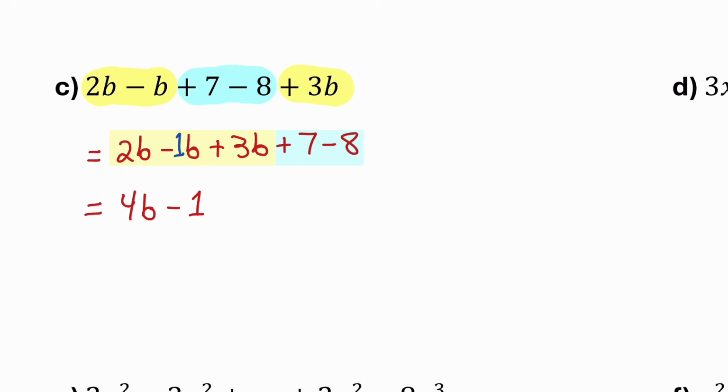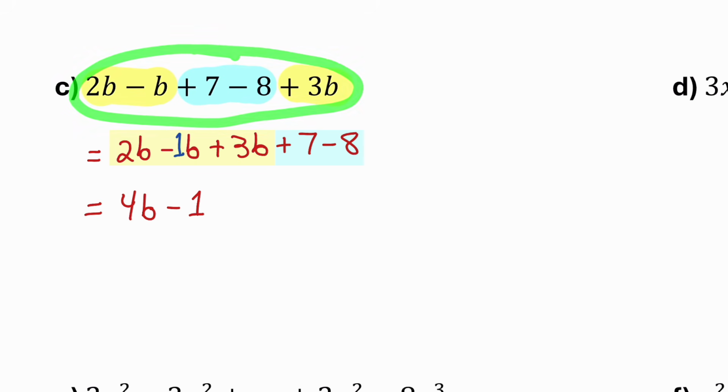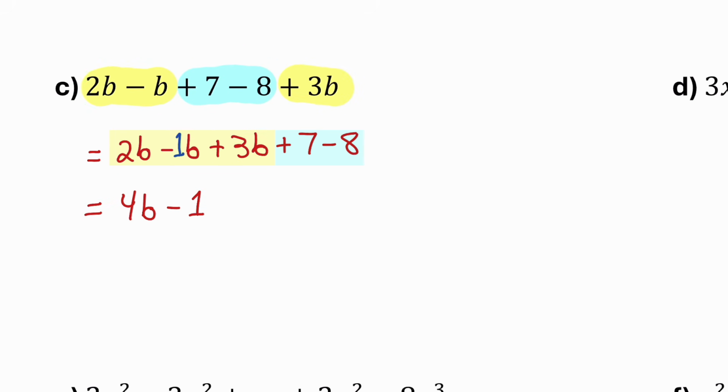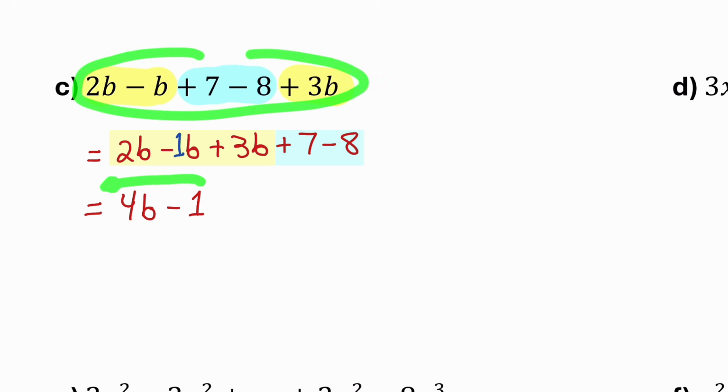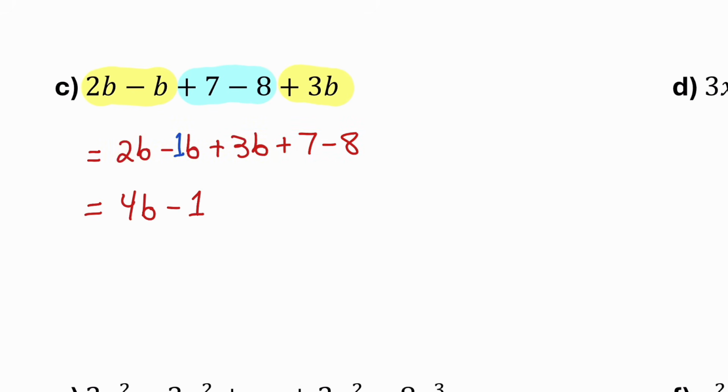And for any question where you're simplifying an expression, one way to check if you did it right, well, we're stating that the original expression is equal to 4b minus 1. We can check if it's equal by subbing in a test value for b into both the original and the final simplified expression and make sure we get the same answer. So for example, I could test what if b was 2.